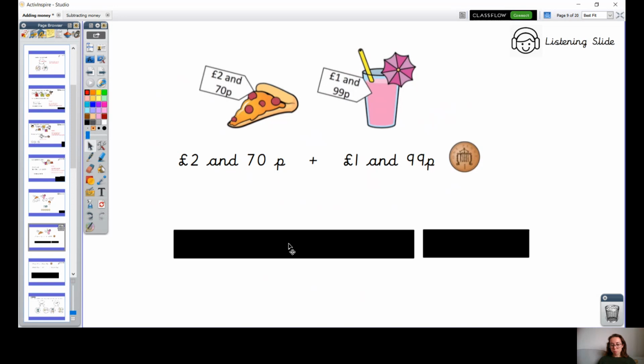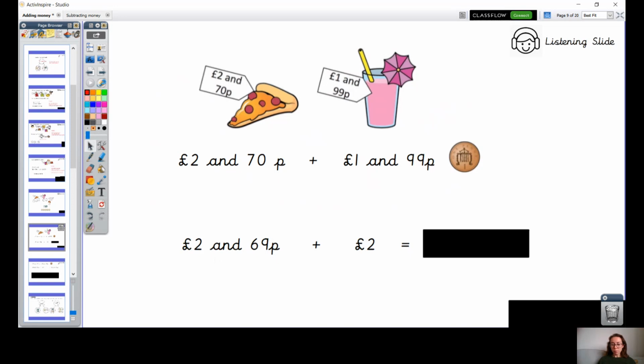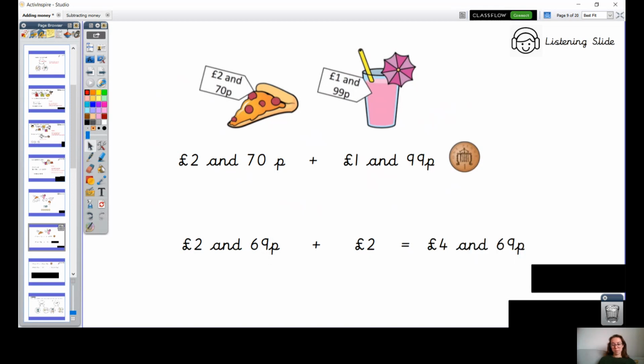So those two prices would become £2.69, and this price would become £2, wouldn't it? That's a really nice easy price, and that makes it really easy for us to add them together. What is £2.69 add £2? £4.69.